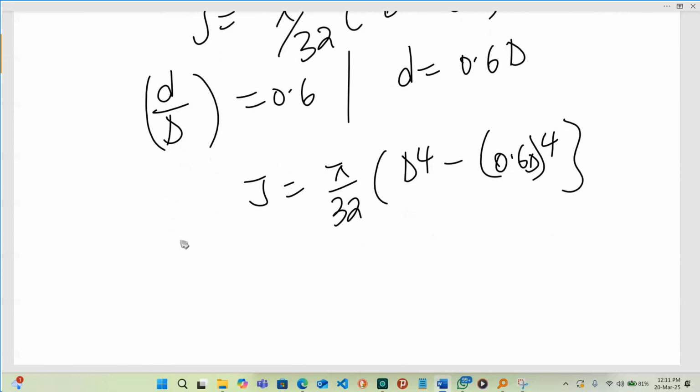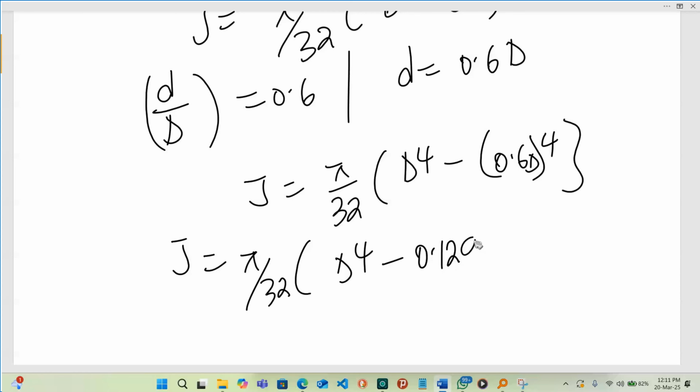So what is the polar second moment of inertia? This is pi out of 32 into capital D to power 4 minus, if I power this, this is going to be 0.1296 D to power 4.